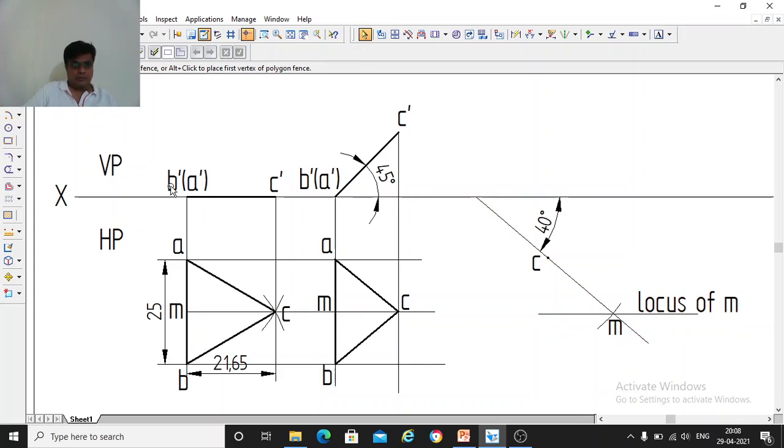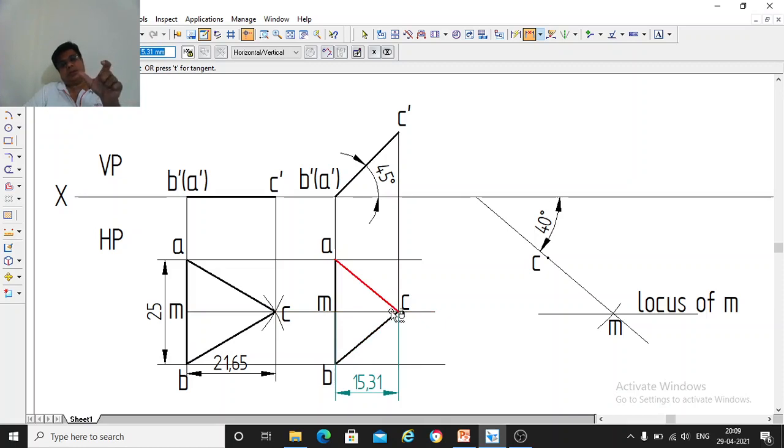Next, what you should do is take the apparent length of this median CM. This is the true length you have drawn here with an arc on the line, that is locus of M. Now you take the apparent length, the false length of this median CM. So how much is that? You measure with your compass. So it is 15.3 mm.